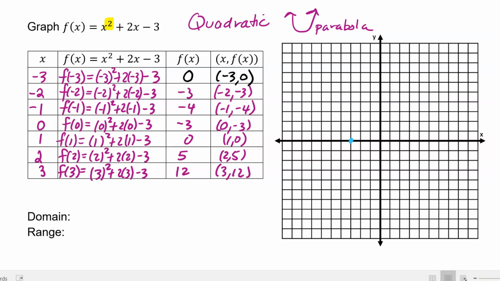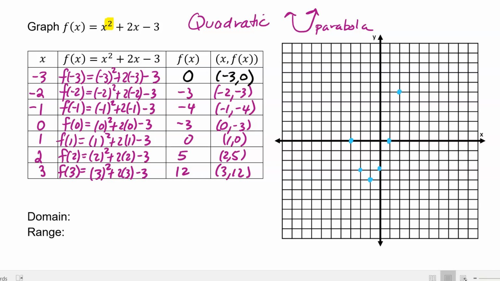We have -2, -3. And for the sake of time, I'm not going to label the points, but it's a good idea to label your points. -1, -4. 0, -3. 1, 0. 2, 5. And this is a pretty good indication of how this U looks.